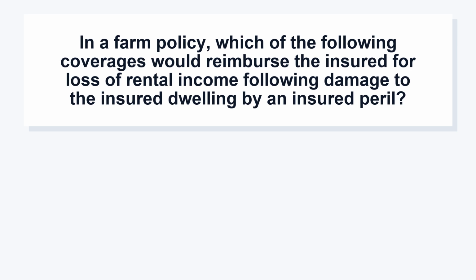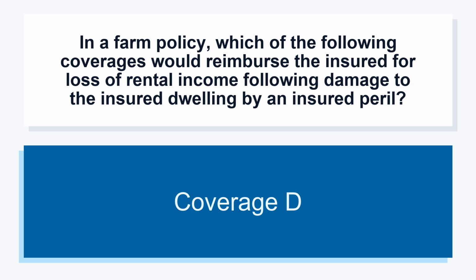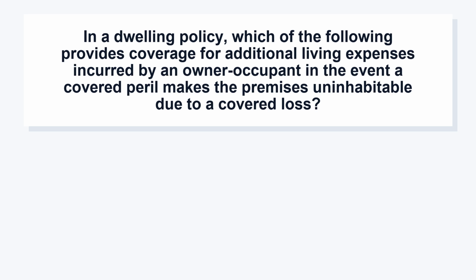In a farm policy, which of the following coverages would reimburse the insured for loss of rental income following damage to the insured dwelling by an insured peril? Coverage D. In a dwelling policy, which of the following provides coverage for additional living expenses incurred by an owner-occupant in the event a covered peril makes the premises uninhabitable due to a covered loss?